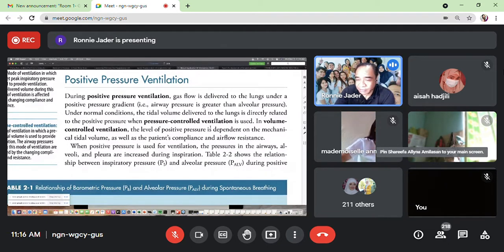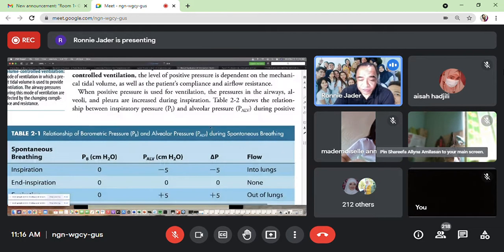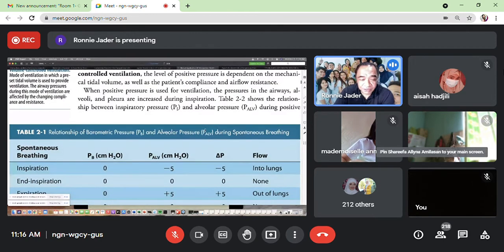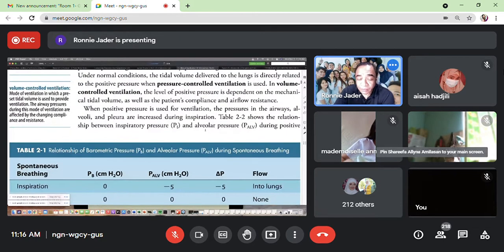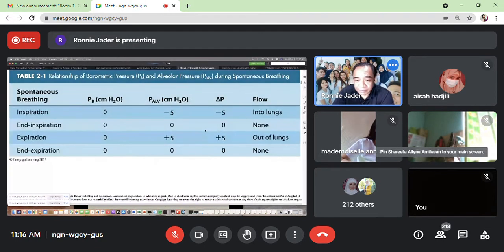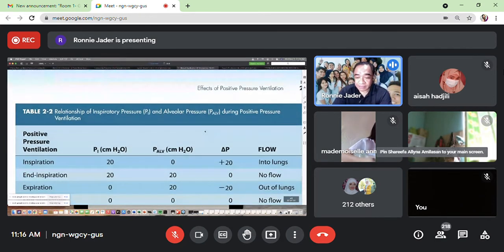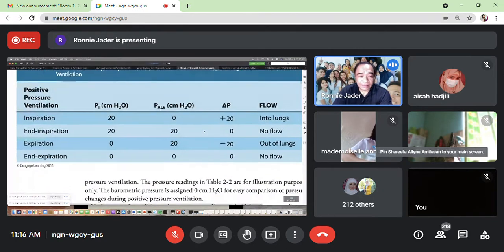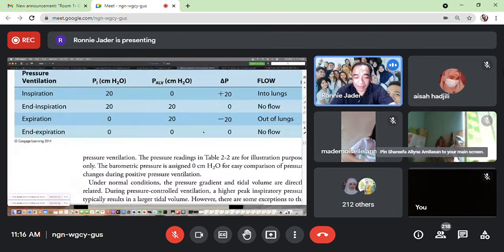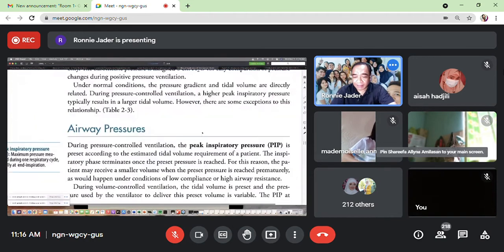Nag-inflate nga yung lungs ng pasyente, but the lung becomes positive. Ano ba nangyayari when the lung becomes positive? So, during positive pressure ventilation, the pleura also becomes positive. The lung also becomes positive. And because of that, naiipit yung ating superior and inferior vena cava.